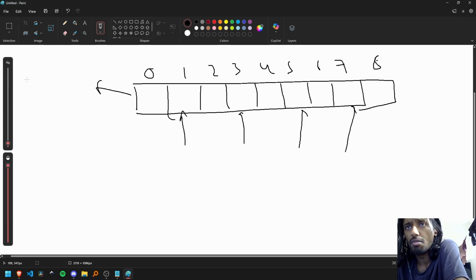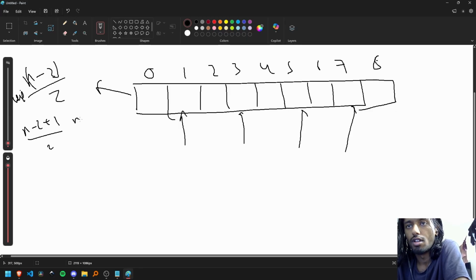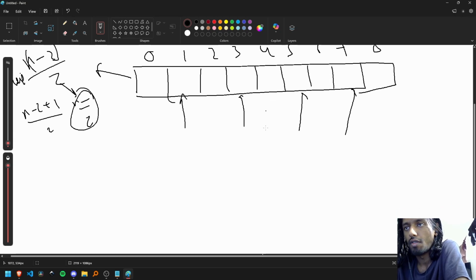And this special count can be given by ceil div of n minus 2 by 2. Which is basically n minus 2 plus 1 by 2, so n minus 1 by 2. This will give us the correct thing for even or odd.